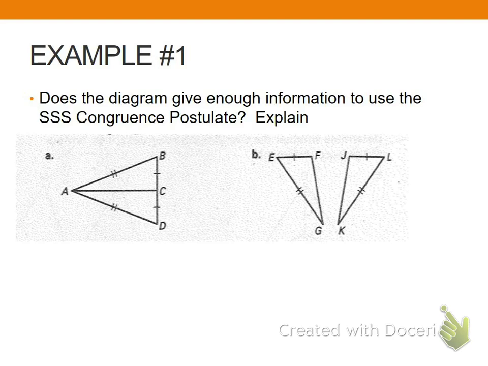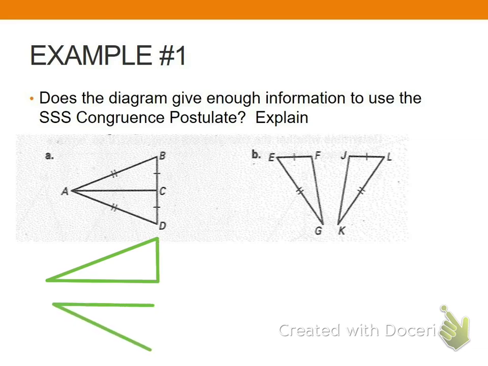So if I were to cut these 2 triangles apart, they would both include side AC. Does that make sense? They're both going to have that side AC if I were to cut them apart.